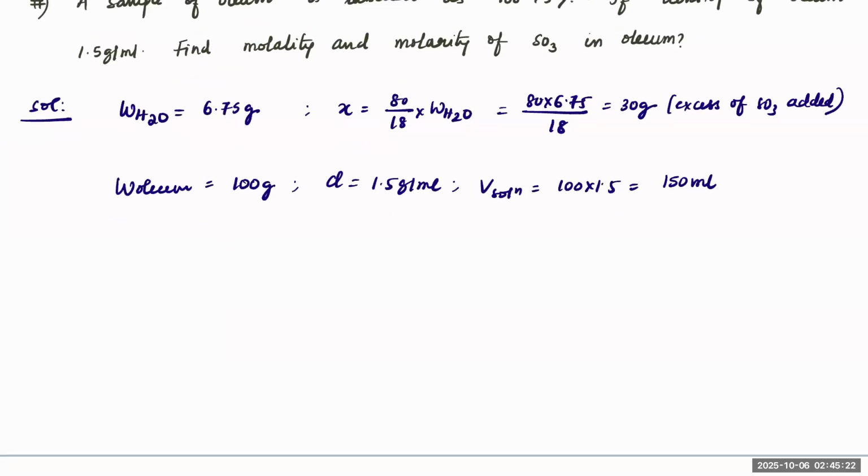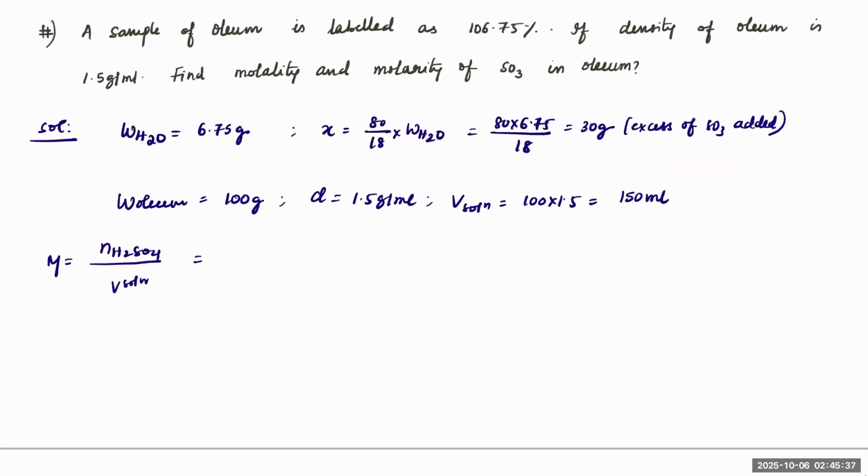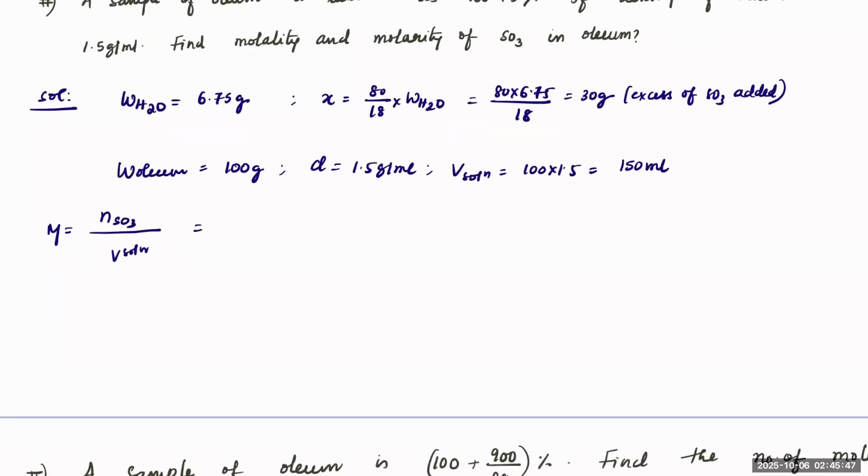So now what is the molarity? Molarity is equal to the number of moles of H2SO4 that was originally added, divided by the volume of the solution. Correct? So now notice, the number of moles of SO3, which is the solute added to sulfuric acid.